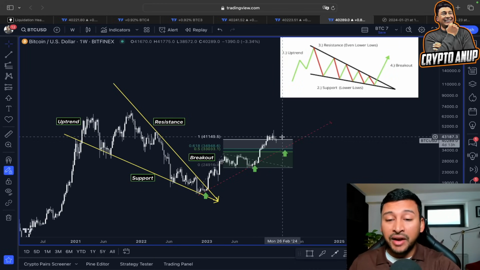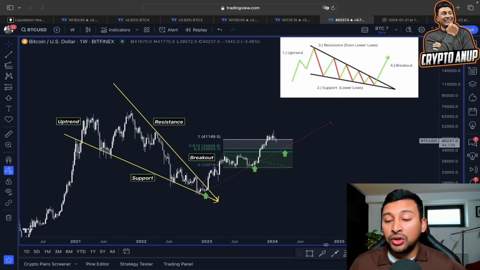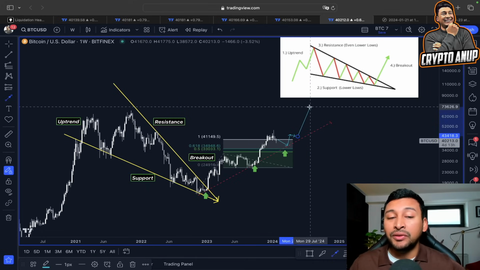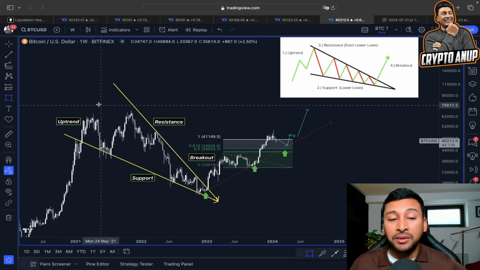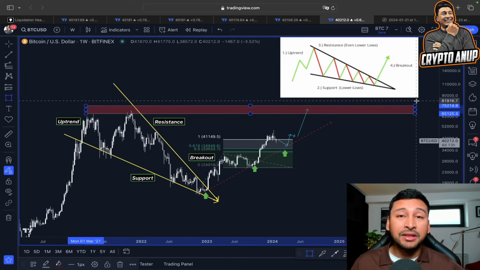So if we do find support above that range, we can still see this as a continuation pattern. Price of Bitcoin getting attracted to this rising trend line before finding bottom, before starting with our final move, which could bring us in between the previous high, and that will be around the 60 to 70,000 range.